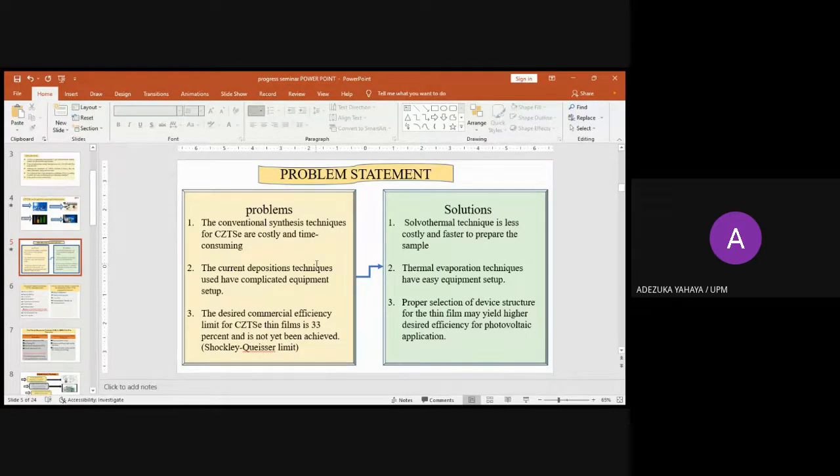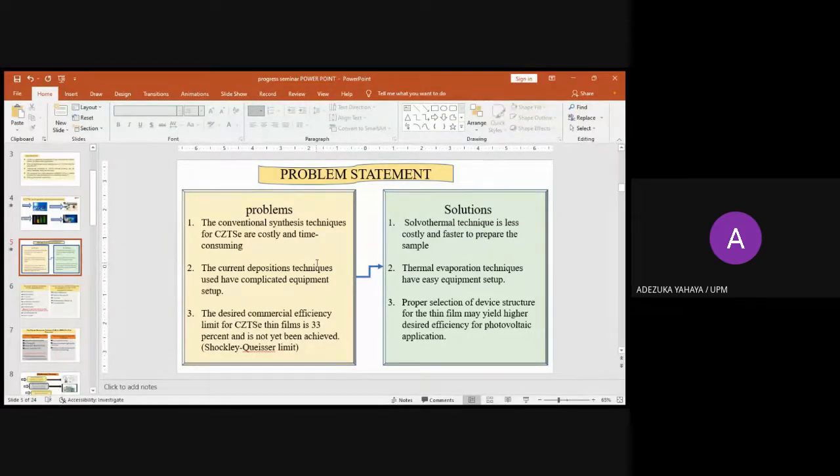The first one is that conventional synthesis techniques for CZTSe are costly and time consuming. The second problem is that the current deposition techniques used in fabricating CZTSe are complicated, with complicated equipment setup, and the desired commercial efficiency limit for CZTSe thin film is 33%, which is not yet achieved, from the literature Shockley-Queisser limit.